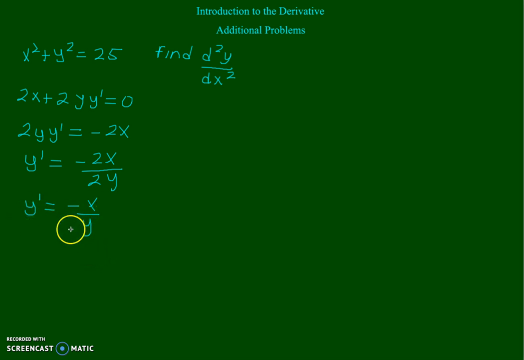And now we'll take the second derivative. And the second derivative we can denote y double prime equals, in this case we're going to have to use the quotient rule. And in addition we're going to use the constant multiple rule and pull out that negative sign.